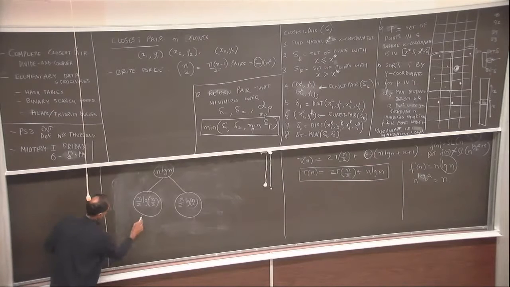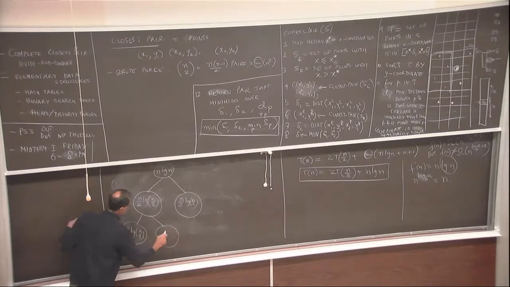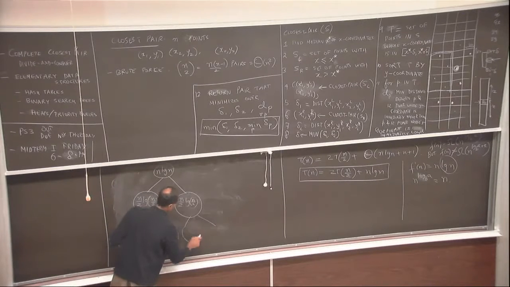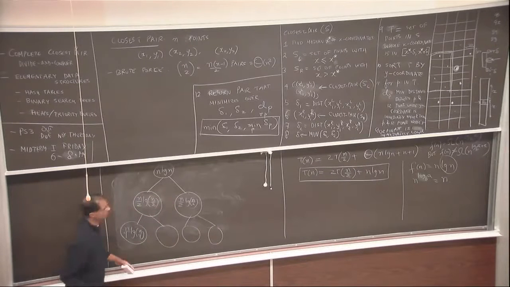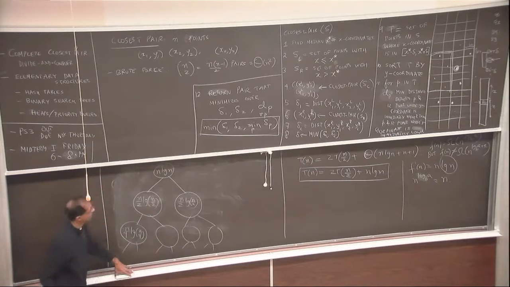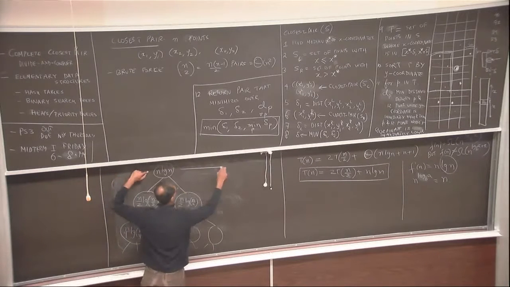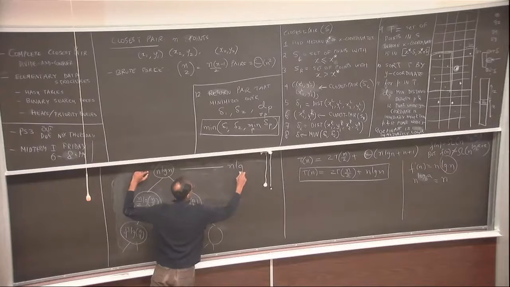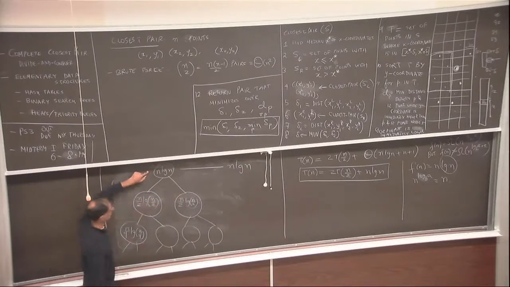Let's open this one more level. What's the next one? n by 4 log of n by 4, and you have 4 of these, right? And then it keeps on going. So the contribution of the first level is n log n.